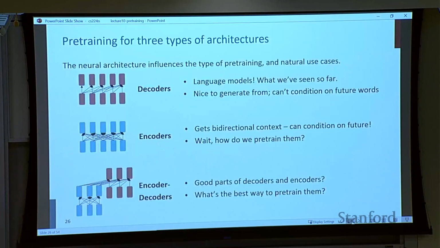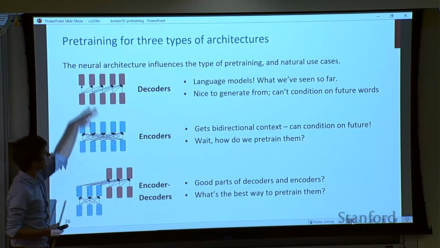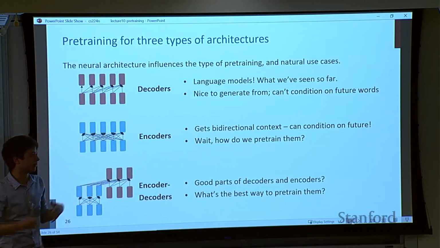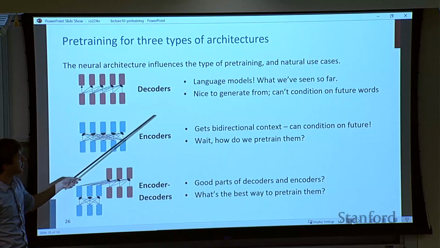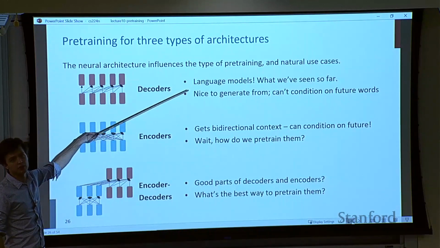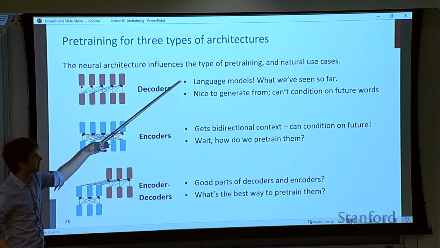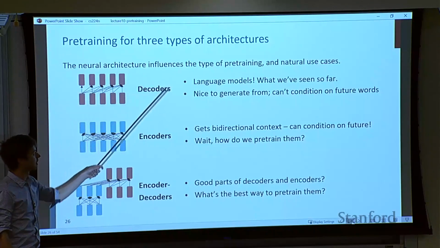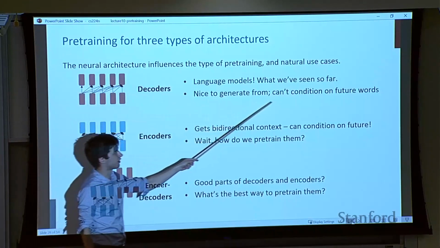So here's the thing. We're going to go through these three, and they all have benefits and in some sense drawbacks. So the decoders, right? Really what we're talking about here mainly is language models, and we've seen this so far. We've talked about pre-trained decoders, and these are nice to generate from.